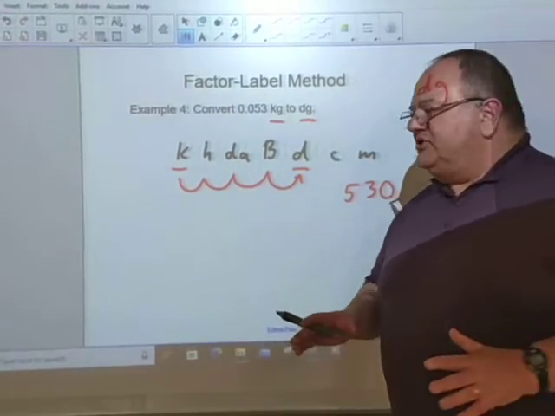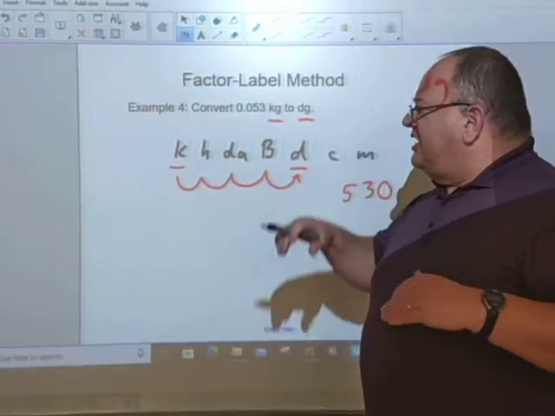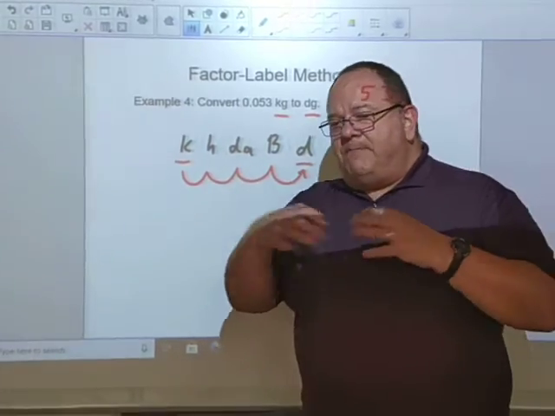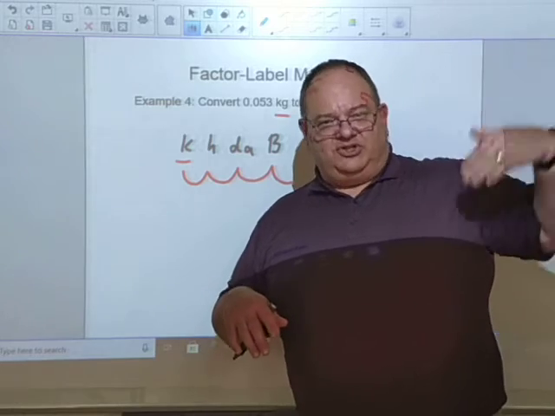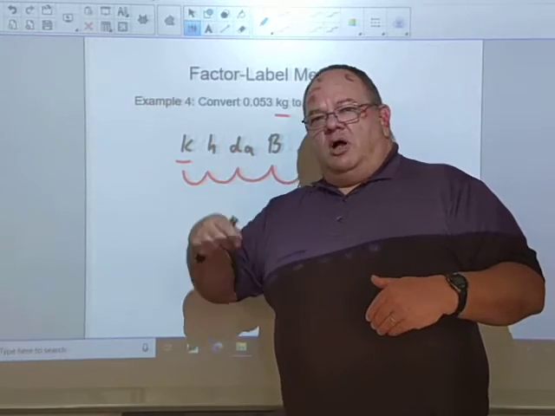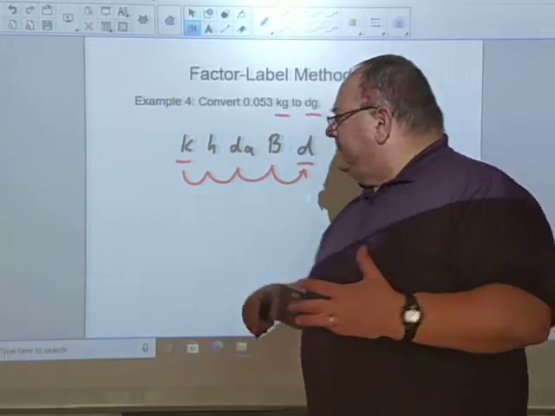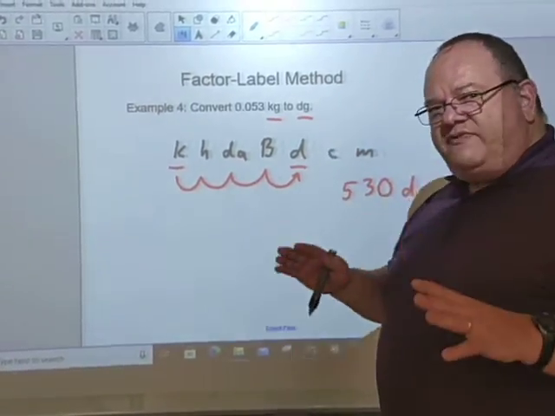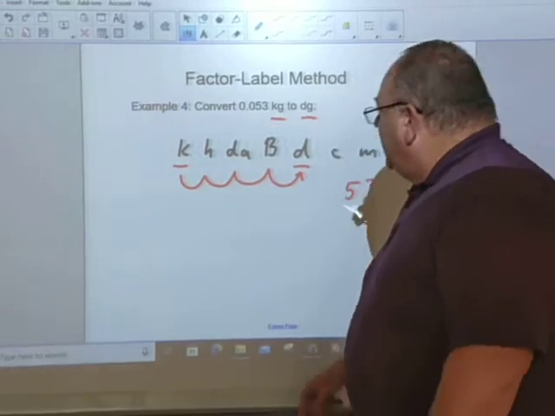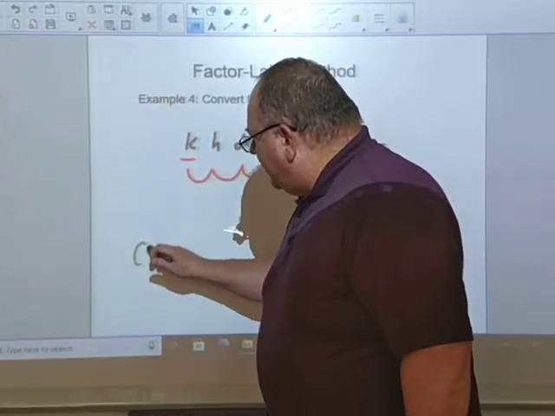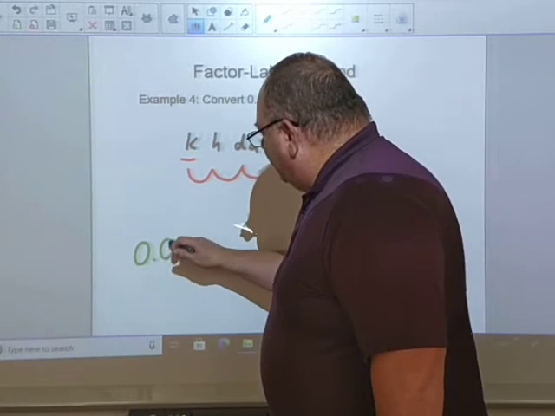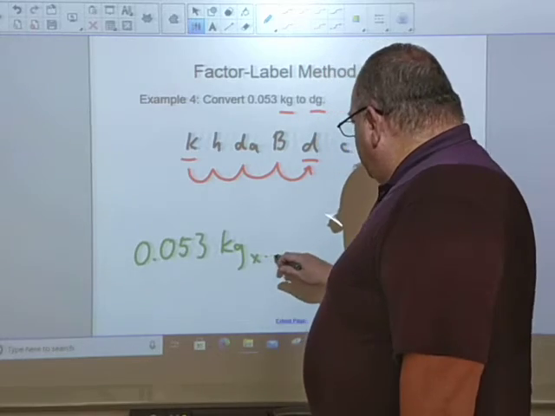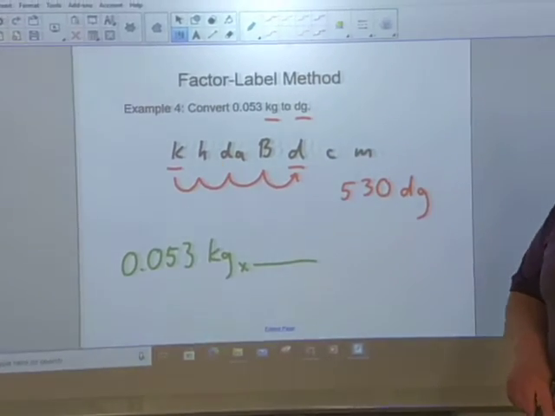There are times where it's beneficial if we can figure out a conversion factor to use. In particular, if you're doing a bunch of math and you've got English labels that you have to convert, and you also need to do some metric at the same time. So how would we get a conversion factor for this? Well, let's do a factor label setup. If I were doing this as a factor label method problem, I'd write down my given, kilograms, and then I multiply by a conversion factor.